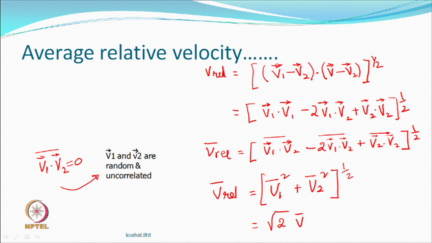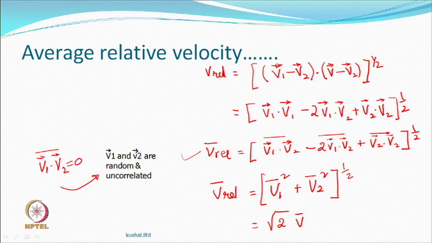This shows that the average relative velocity will be the square root of v1 vector squared, plus v2 vector squared, minus 2 v1 vector dot v2 vector. Now, that becomes the mean average.